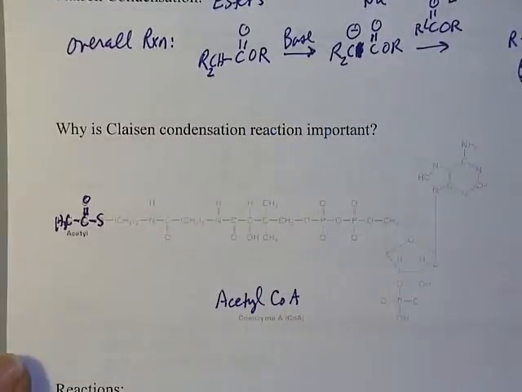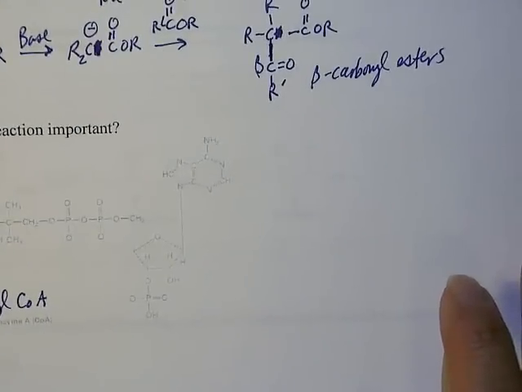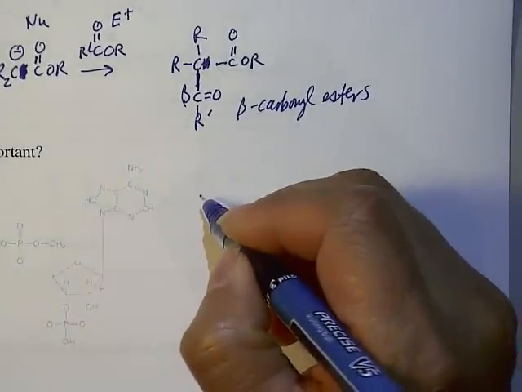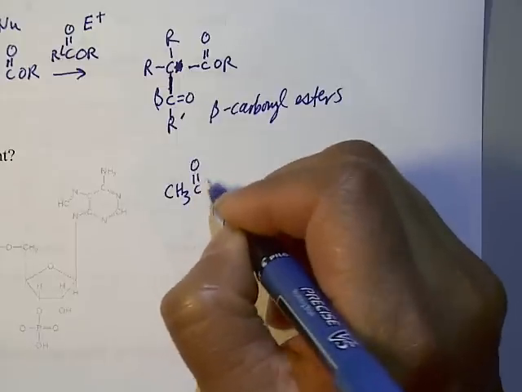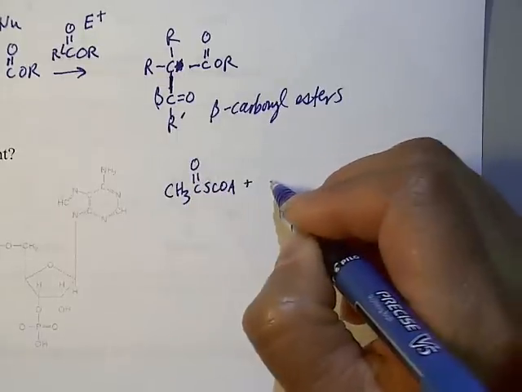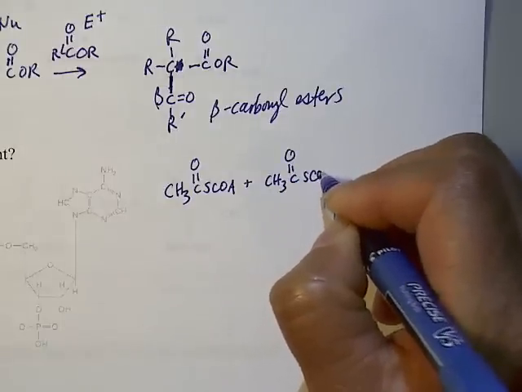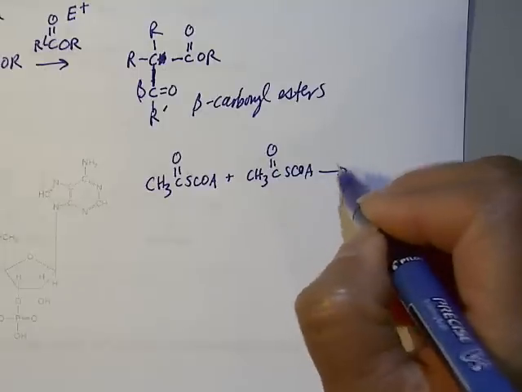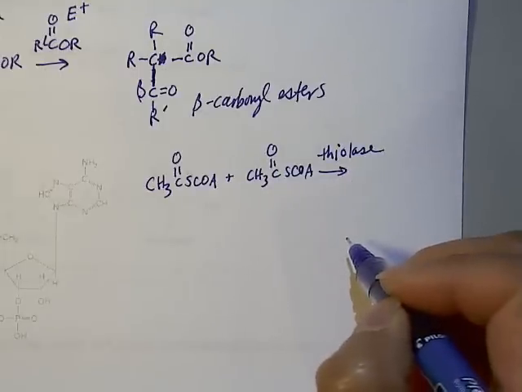So briefly, I could just write down what happens in nature: we have acetyl-CoA with another acetyl-CoA. One is going to serve as the nucleophile, one as an electrophile, catalyzed by an enzyme called thiolase.